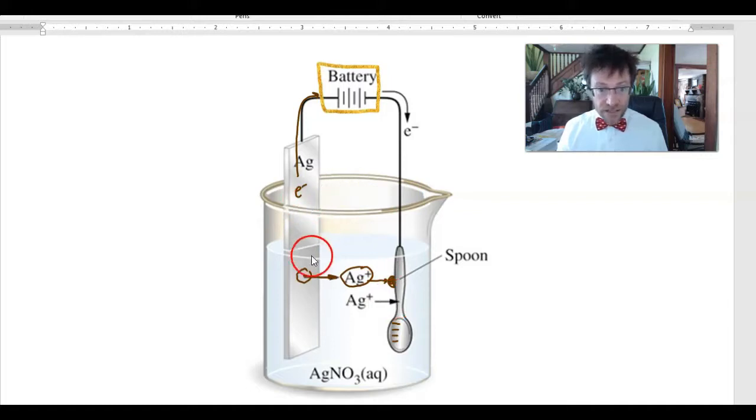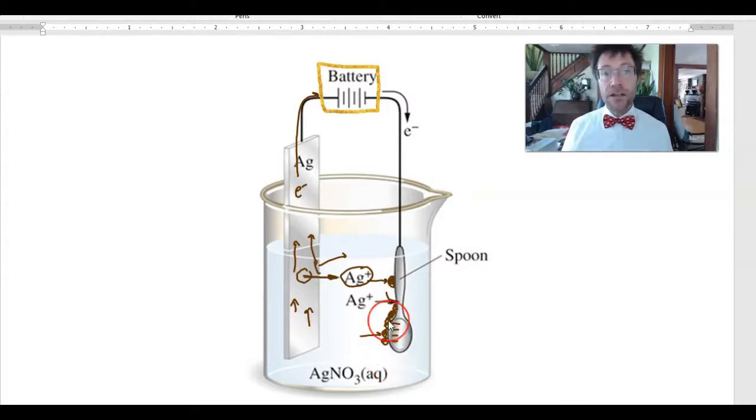The battery takes another electron, pumps it through into here, and another silver ion gobbles it up and turns into a little lump of silver. Another electron goes up, another ion goes on. Another electron goes up, another ion goes on. You can see how this will very soon be coated in a very thin layer of silver. When you're all done, you take it out, rinse it off, and bam, you have a silver-looking spoon.